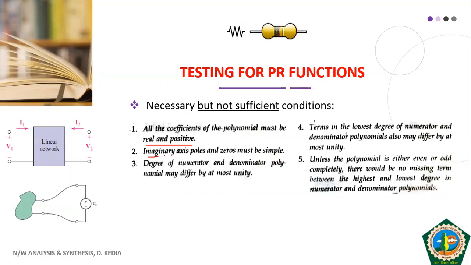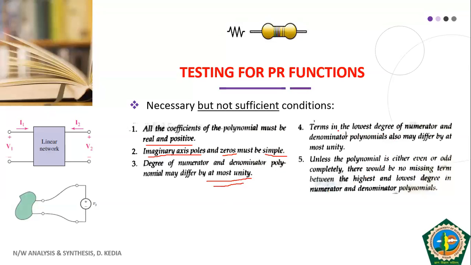The second condition is your imaginary axis poles, that is s equal to j omega, and imaginary axis zeros must be simple, meaning those roots must not be repeated. I told you this when we discussed pole zero plot. Another thing is the degree of numerator and denominator must differ at the most by unity.